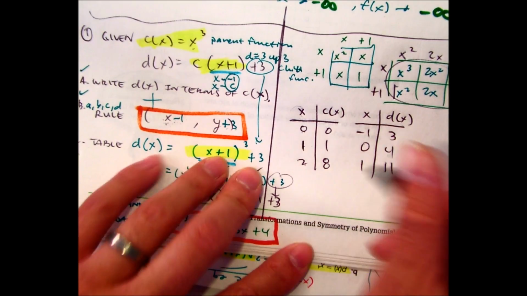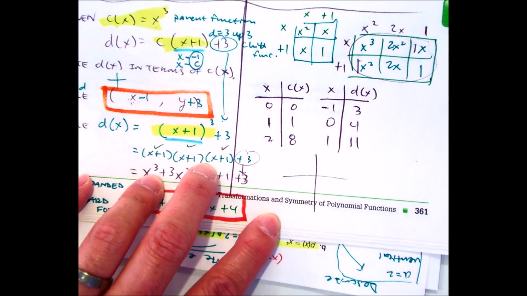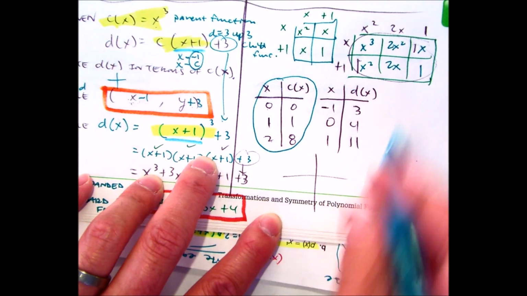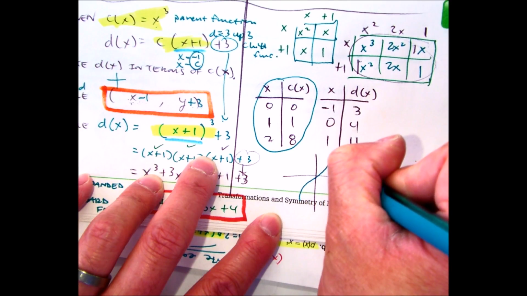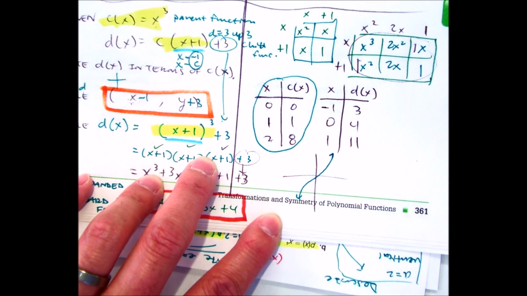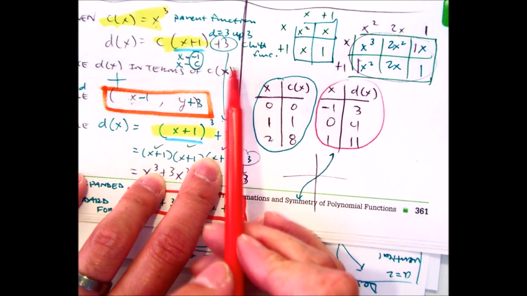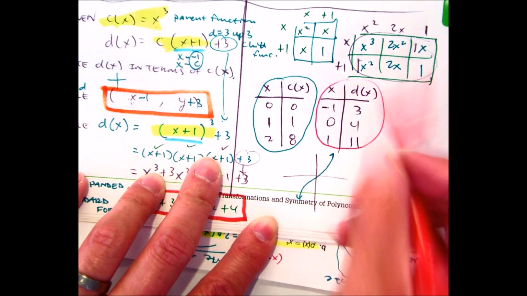So if you just did a quick graph, just want to show you what's happening here. Parent function in this blue color looks something like this, right? But d of x, we know that it is being shifted up 3 units and to the left 1 unit.